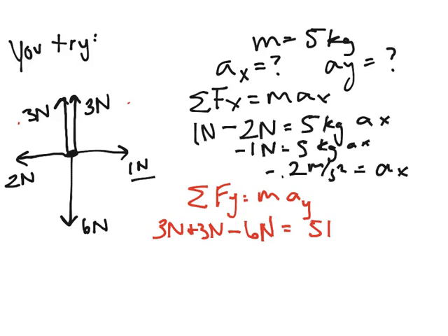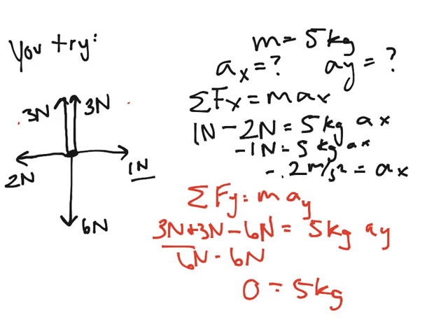And that's equal to 5 kilograms times your ay. So 3 plus 3 gives you 6 N minus 6 N. So this term adds up to 6 N minus 6 N will give you 0.